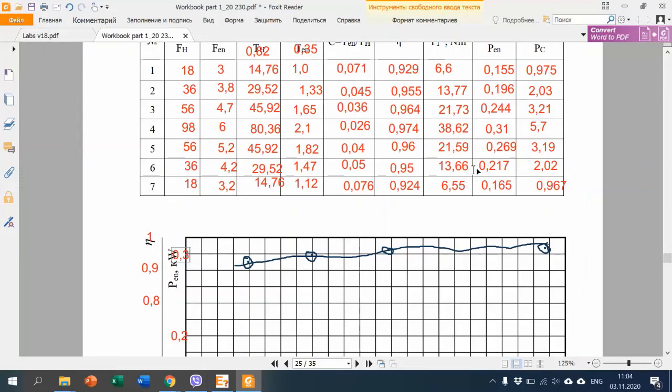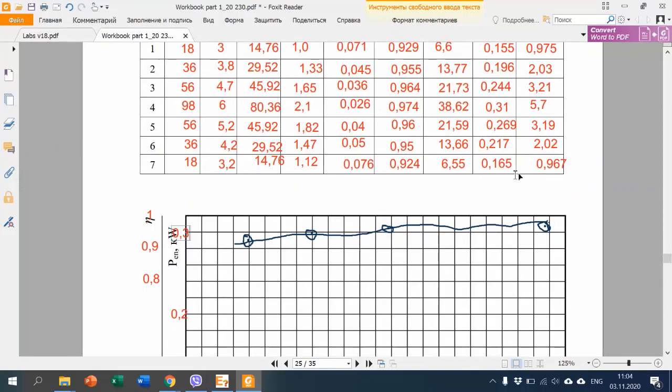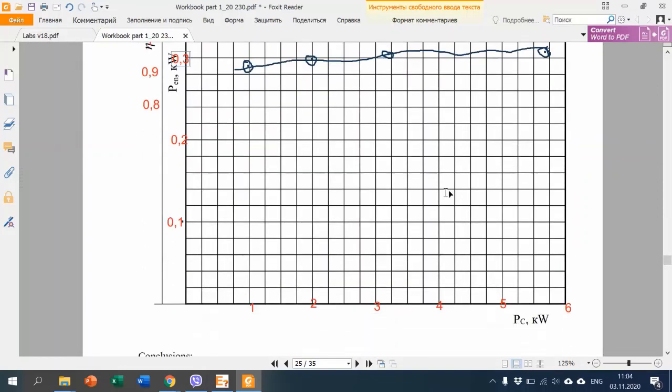So the lowest value is 0.165. First point 0, 6.